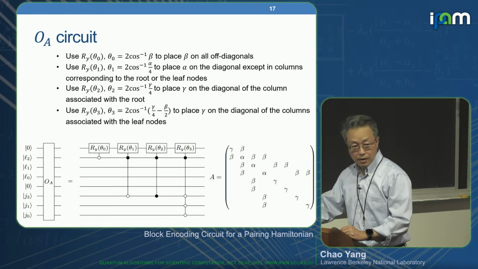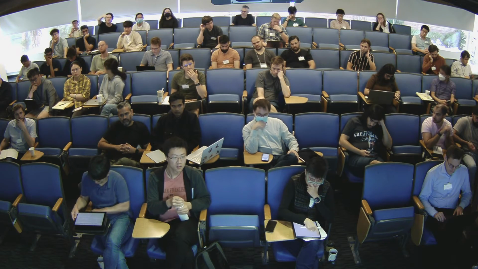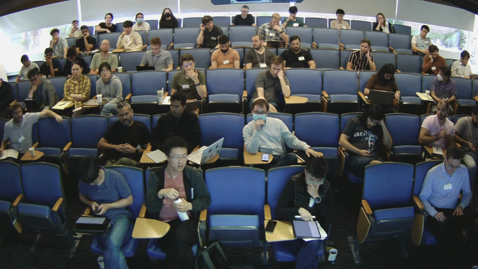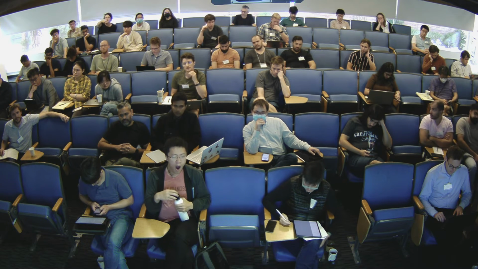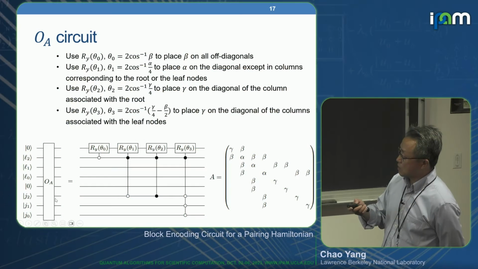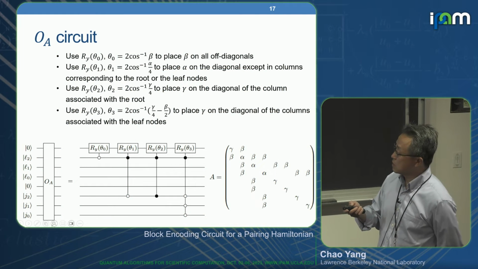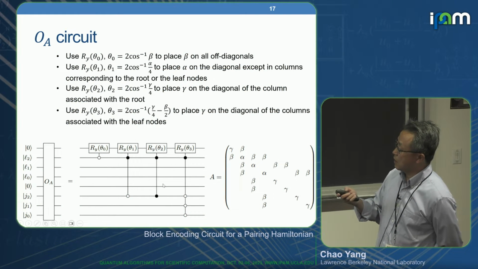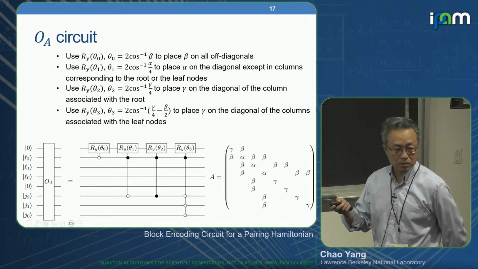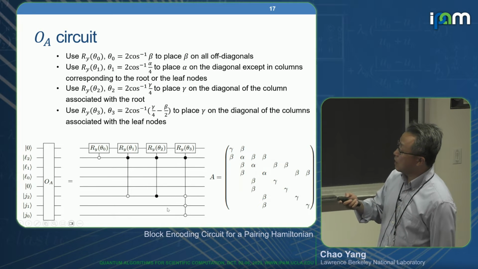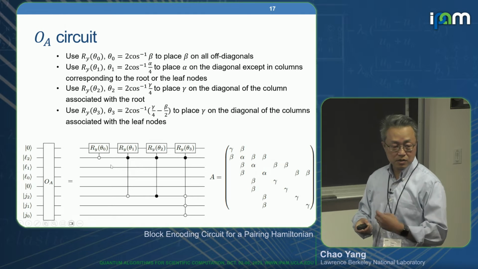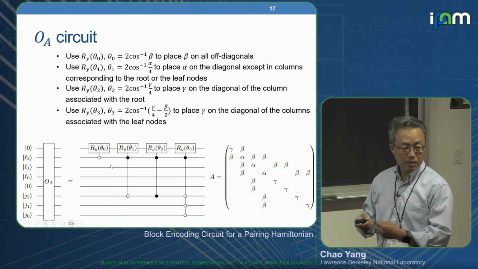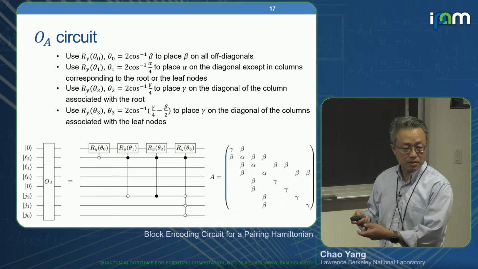What was the J and the L indexing on that register? Okay, J is the column index. In this case it's just an 8 by 8 matrix, so there are 3 qubits for that, and L tells you which of the non-zero matrix elements.